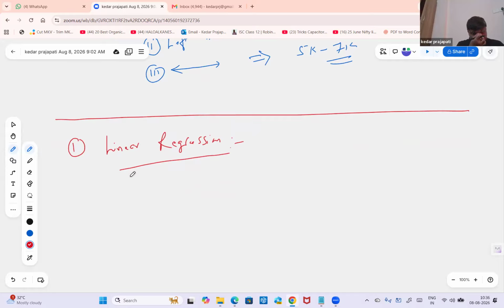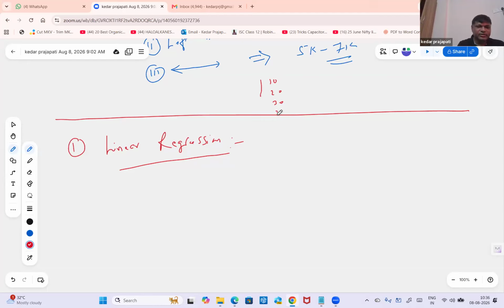It is a supervised machine learning algorithm which is used to predict a continuous value. The data was labeled, but it was continuous, maybe 10 hours, 20 hours, 30 hours. We did not give -10, -6, something like that.